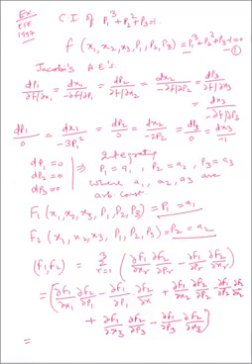So f1 with respect to x1 is 0, f2 with respect to p1 is 0 minus f1 with respect to p1 is 1, and then 0, f2 with respect to x1 is 0 plus f1 with respect to x2 is 0, f2 with respect to p2 is 1 minus f1 with respect to p2 is 0, f2 with respect to this is also 0, then f1 with respect to x3 is 0, f2 with respect to p3 is 0, and then this also will come 0. So we see the resultant is 0.